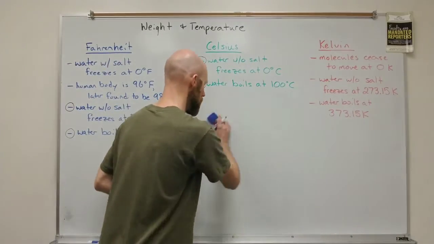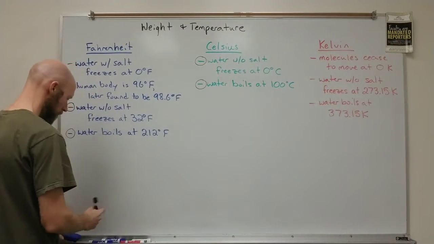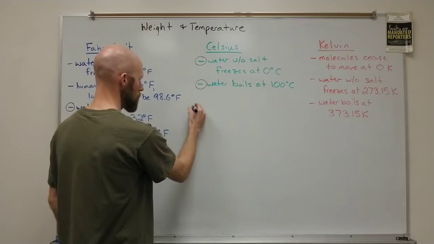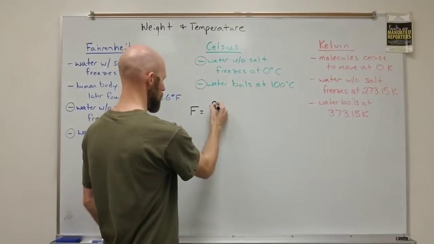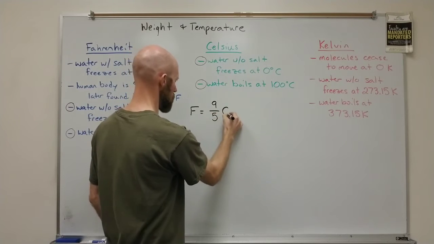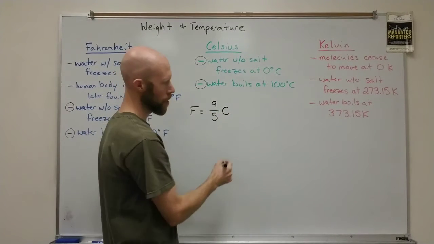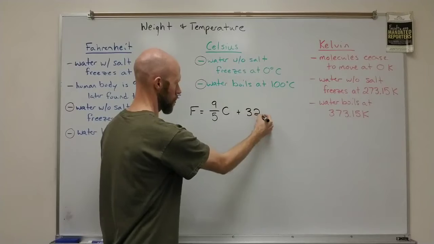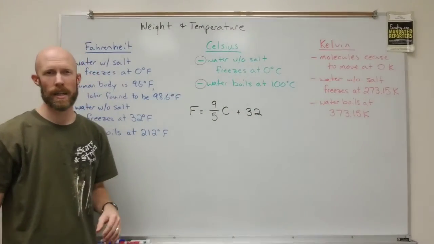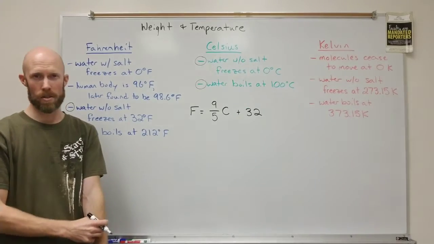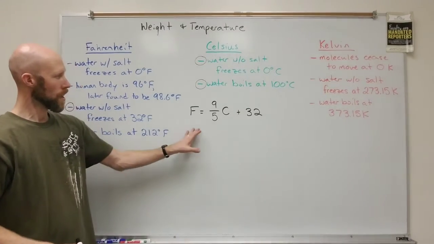And the conversion there is that a Fahrenheit temperature ends up being equal to 9/5 of a Celsius temperature plus 32. Okay, it's actually the slope-intercept form of a line when you do that conversion.